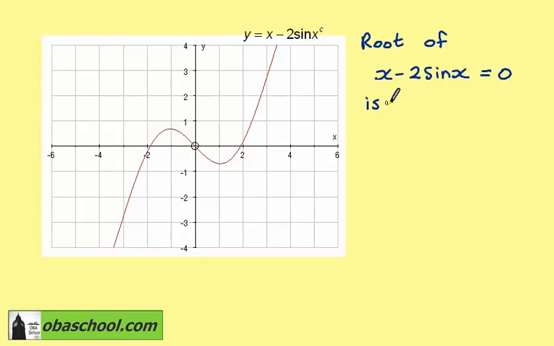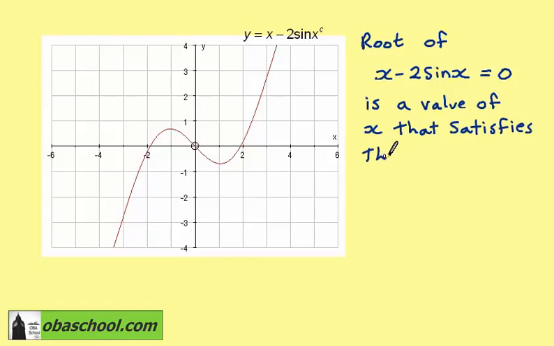A root of this equation is a value of x, which if we substitute into the expression x minus 2 sine x, will actually evaluate to give 0. In other words, a root is a value of x which satisfies the equation, so that the left-hand side is equal to the right-hand side.